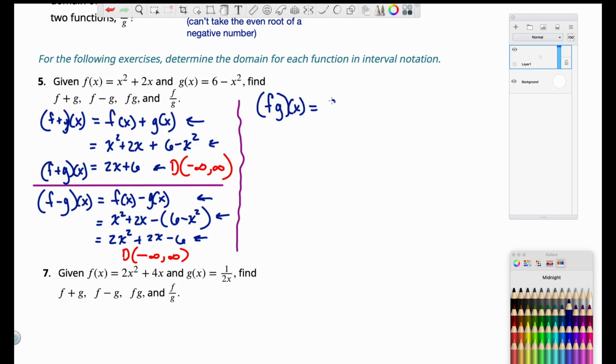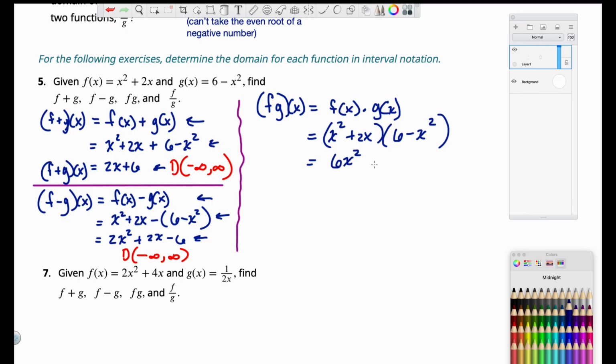So this is the same as saying f of x times g of x, x squared plus 2x times 6 minus x squared. Again, not dividing by x and no radicals, so this looks like it's going to be pretty good for us as far as the domain.